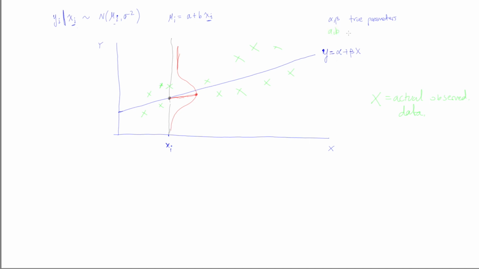A and B are the estimated parameters. Okay, and let me pick a different color. Okay, the estimated line might look something like this.